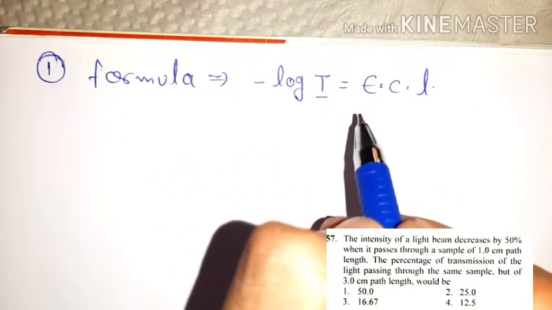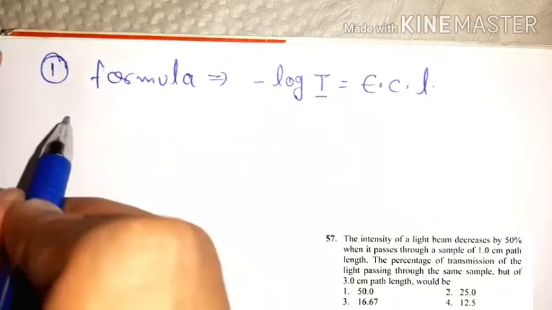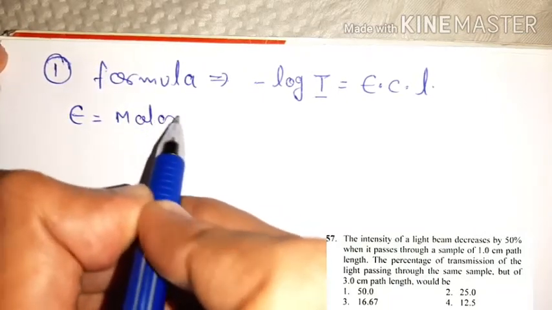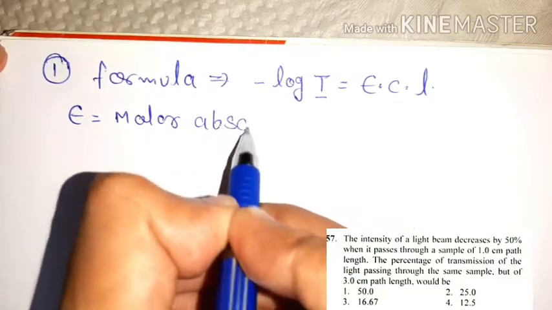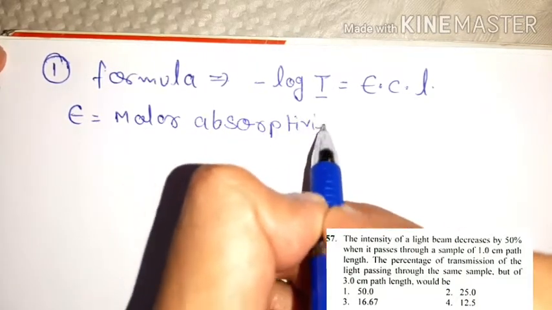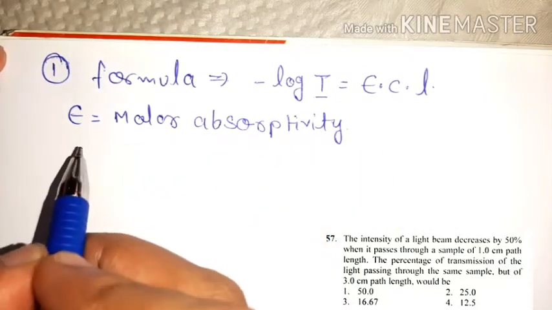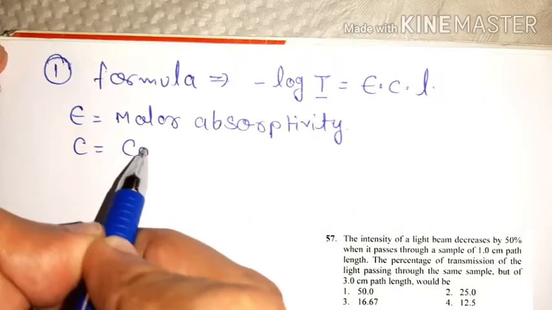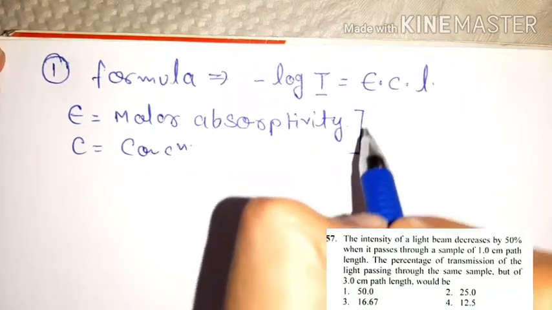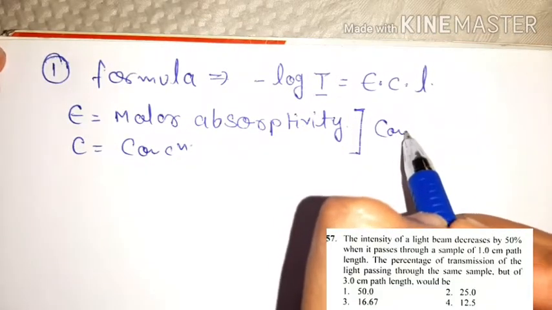Okay, the epsilon is molar absorptivity. c is the concentration of that solution, and according to our question, these two terms will be constant. Why?